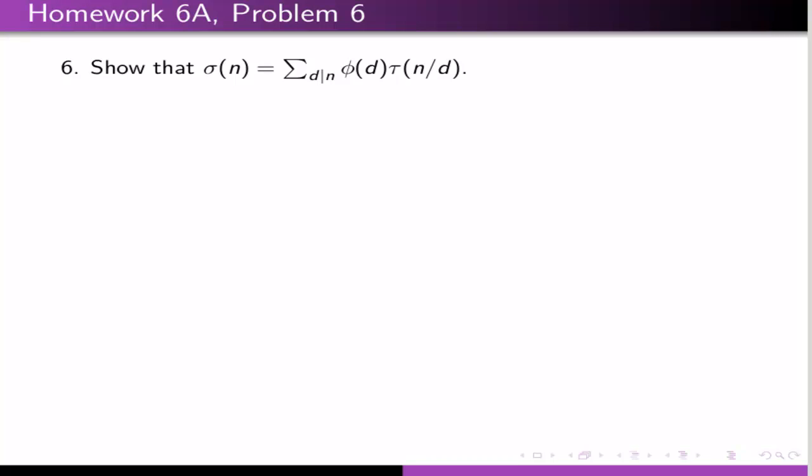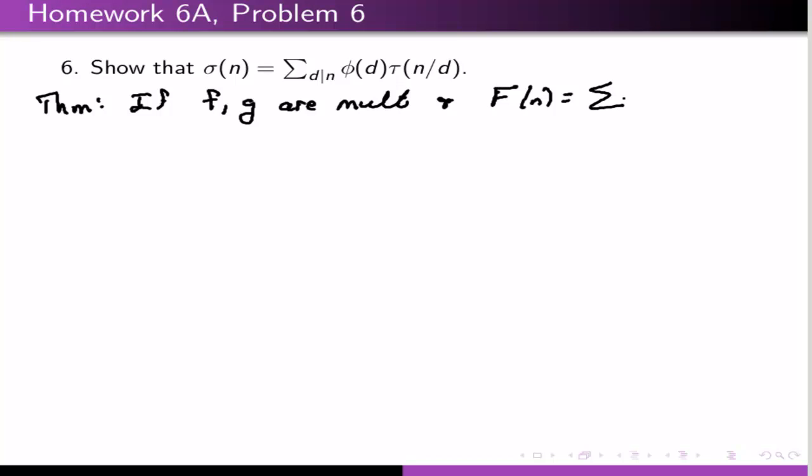In number 6, there's a related theorem we proved that said if f and g are both multiplicative and capital F is this convolution sum like this, where you're summing over the divisors of n, you have f of d, and then you evaluate g at the complementary divisor n over d.